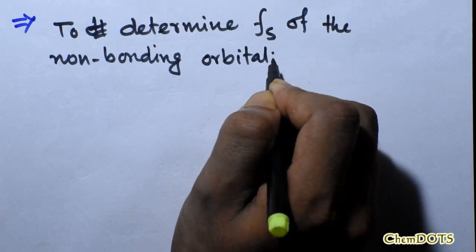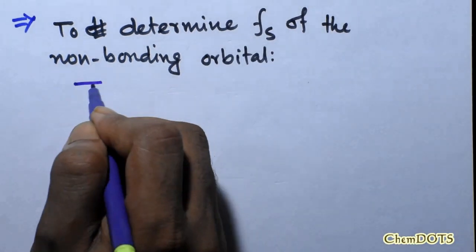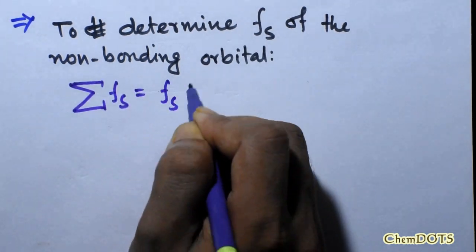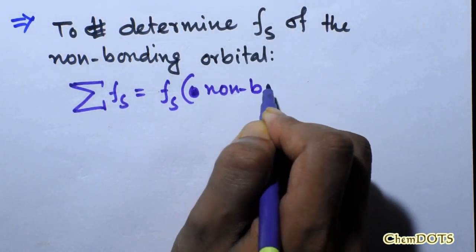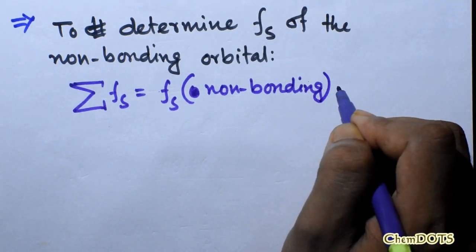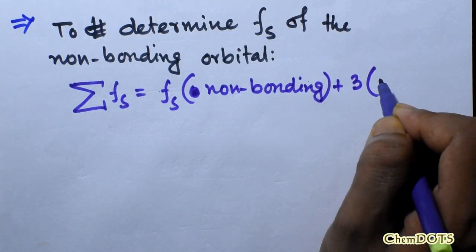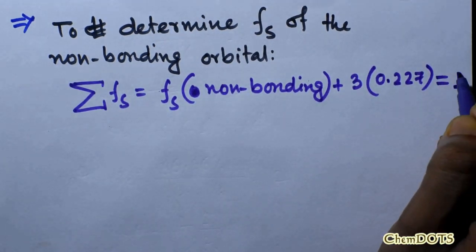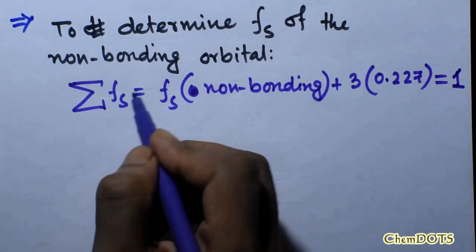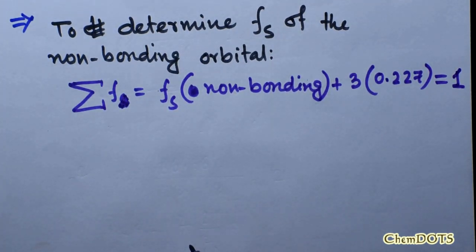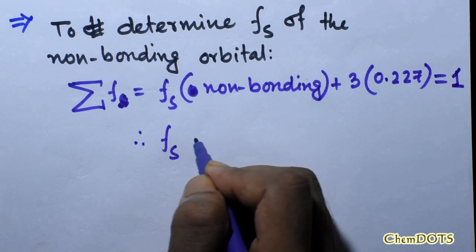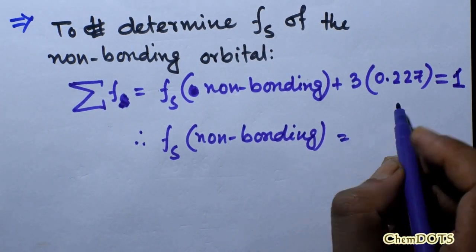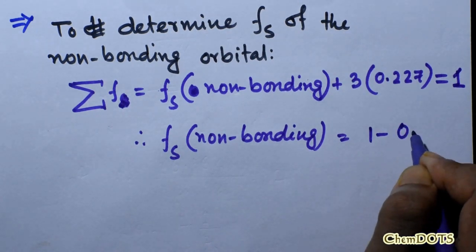That means the fraction of S character used for non-bonding plus the fraction of S character used for the three sp3.4 sigma bonds. So the sum of S character equals Fs non-bonding plus 3 into 0.227, which equals 1. So Fs non-bonding is equal to 1 minus 3 into 0.227, which is 1 minus 0.681. So the result is 0.319.